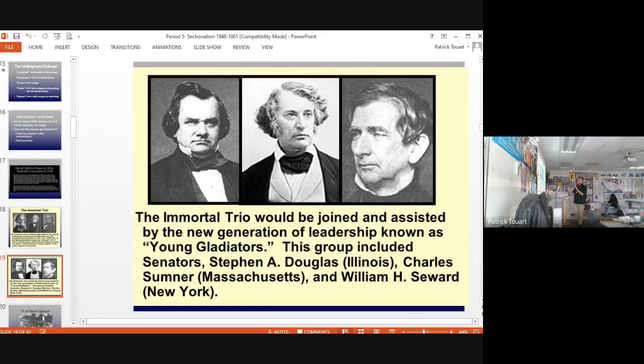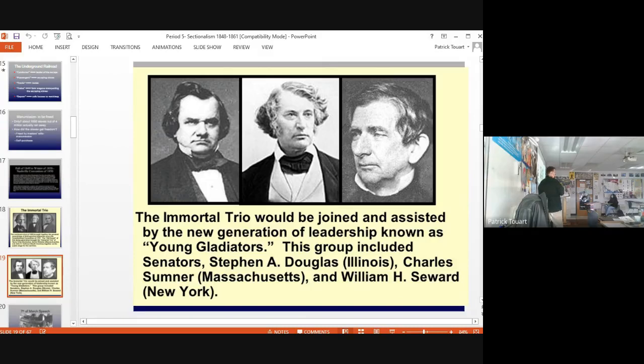Then you're going to have this guy, Charles Sumner. But what I'm trying to tell you is these new senators are going to be different. Sumner is in favor of abolitionism. So that's new, right? And he's joined by William Seward, who's also in favor of abolition. So the Northern leadership, Douglas is ambivalent on the issue.